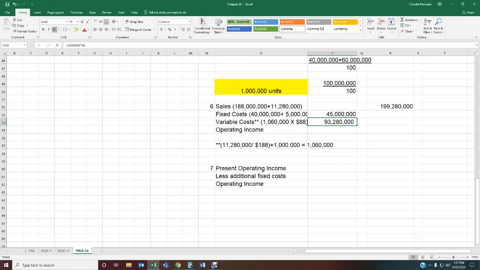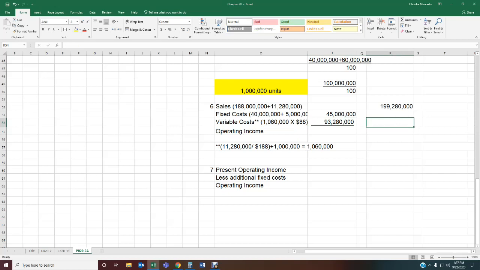So now we can add our fixed and variable cost. I'm going to add my 45 million plus my 93,280,000, and that gives me 138,280,000. That is the total of my fixed and variable cost. Now that I know that, I can calculate my operating income, and your operating income is your sales minus the total fixed and variable cost, and that gives you $61 million of operating income.